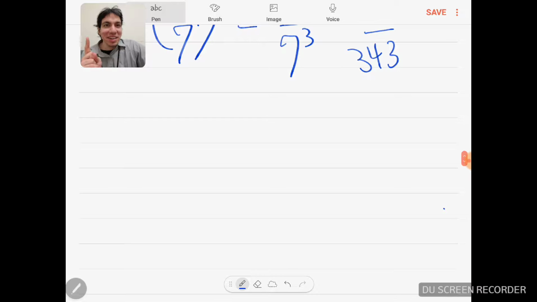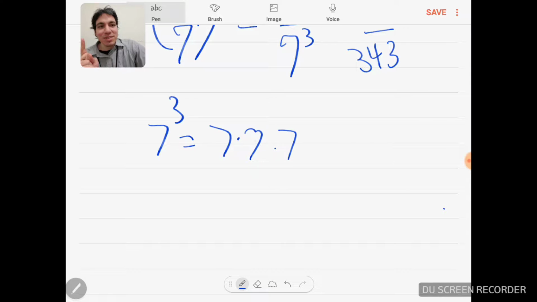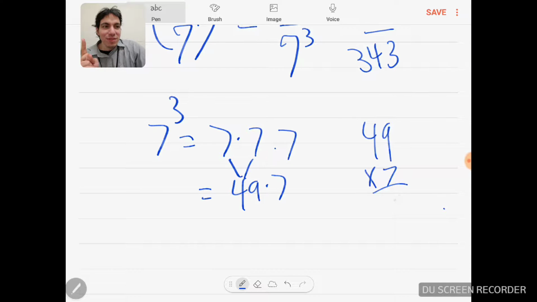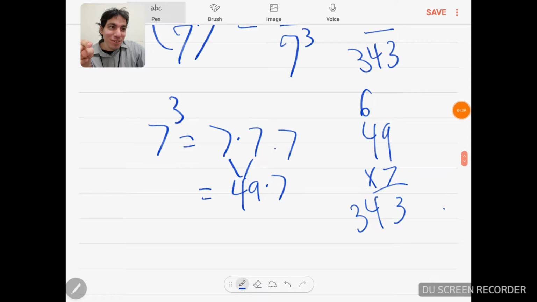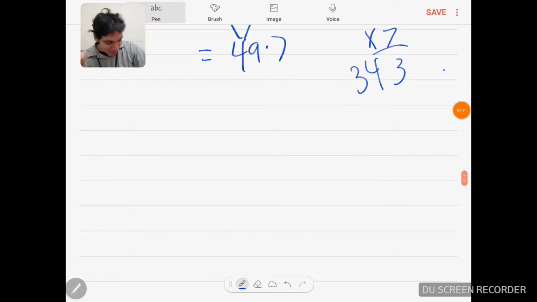Just to be sure that I got it right on camera, let's work it out. 7 times 7 times 7. 7 and 7 is 49. And 49 times 7 is 63, and then 7 times 4 is 28, plus 6 more is 343. I knew I was right the second time, not the first time around, unfortunately.